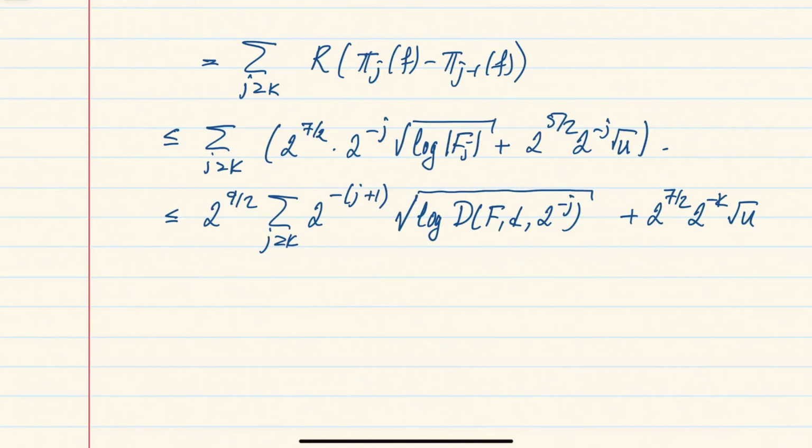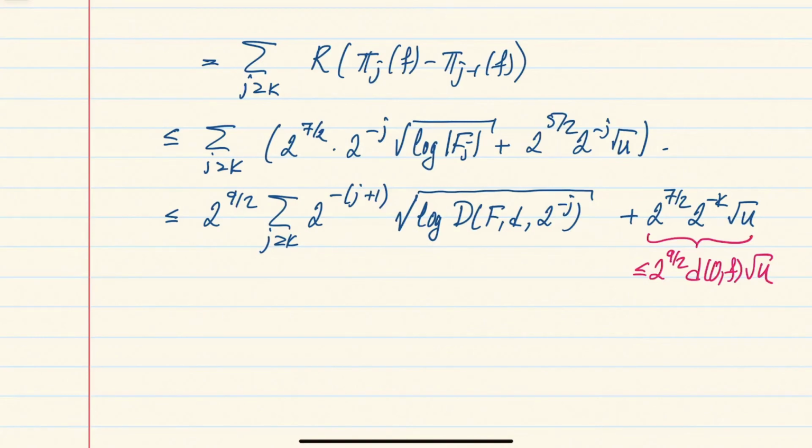And for the second term, we chose 2 to the minus k to be smaller than twice the distance of f from 0. So this is bounded by 2 to the 9/2, the distance of f from 0, square root of u. And that's exactly the second term in the statement of this theorem.